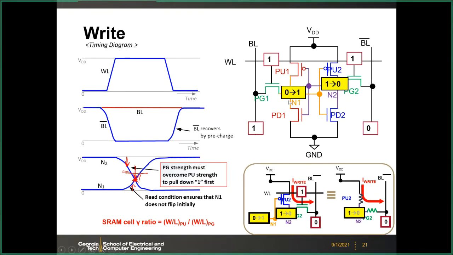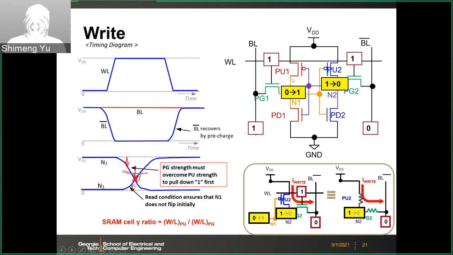So here for the write operation, the first phase, as we discussed, in this example, you will focus on PU2 and PG2, those two transistors, because this initiates the write operation. If you only look at those two transistors, again, you can use resistors to approximate them. So here you have the PU2 channel resistance, and then the PG2 channel resistance.